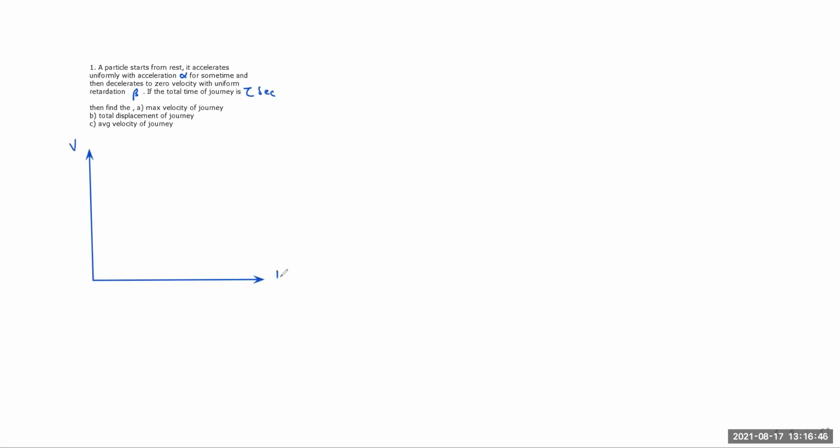If you put the VT graph, then you can draw something like this. It actually doesn't matter how you draw, but if alpha is more than beta, then you should give more time to beta because beta is slow, isn't it? I hope you're getting the point I'm saying.